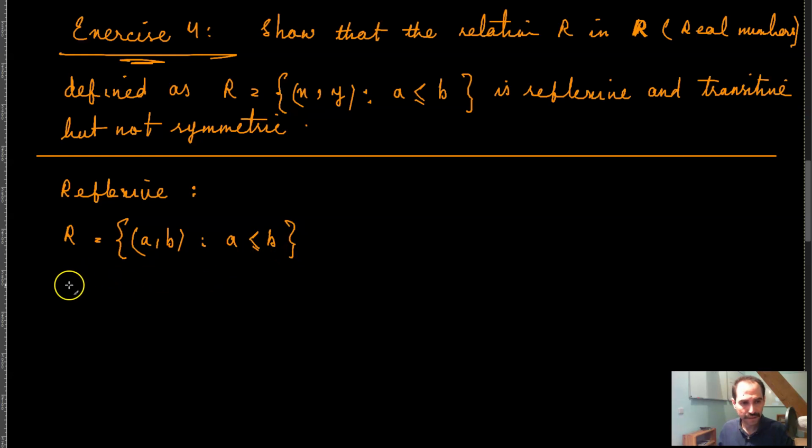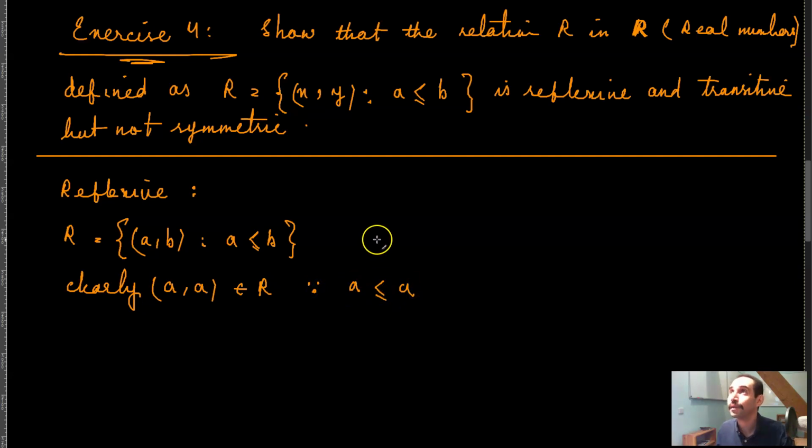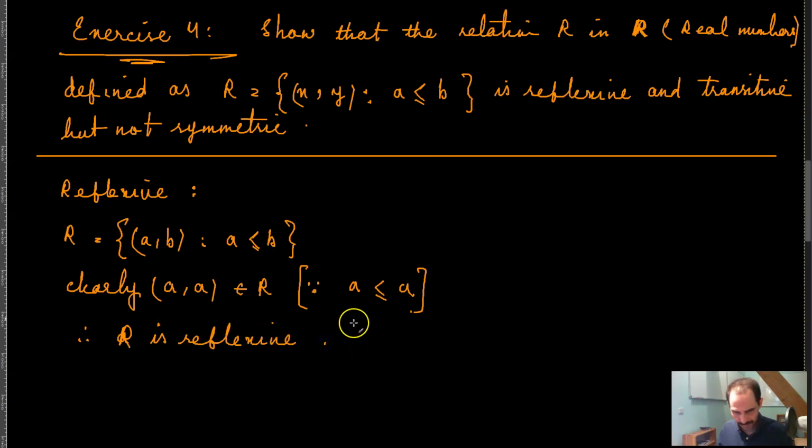In this case, clearly (a, a) belongs to R, because a is less than or equal to a. Therefore R is reflexive.